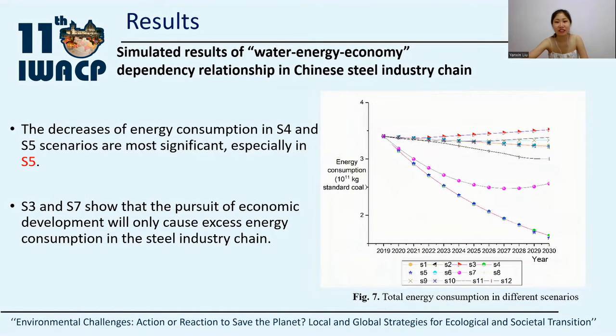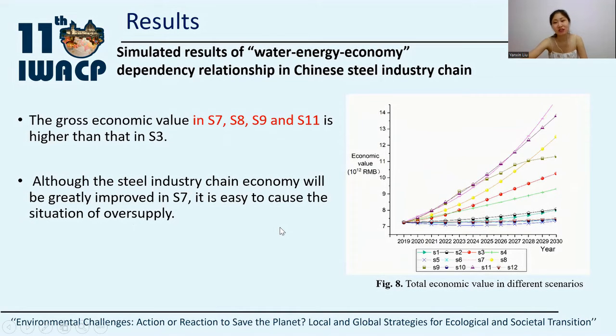And about energy consumption, this figure shows that the decrease of energy consumption in S4 and S5 are the most significant, which are the two lines with the green symbol and the blue star. And the decrease of energy consumption in scenario 5 is the most significant, which is this blue line.